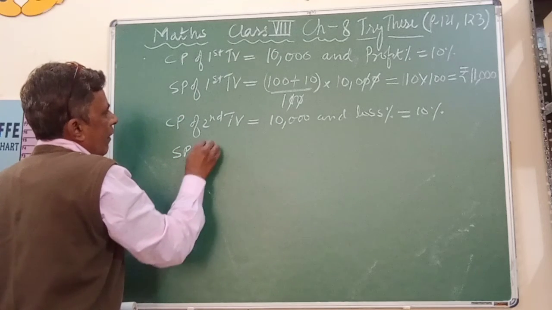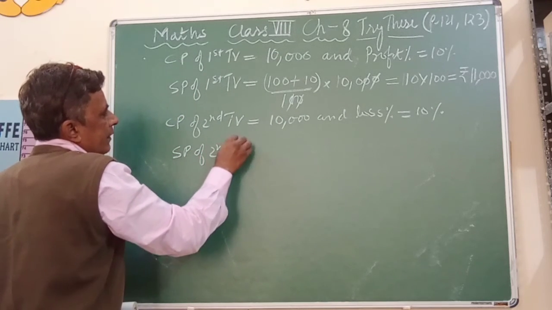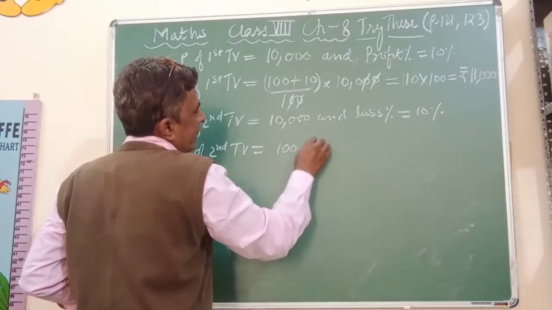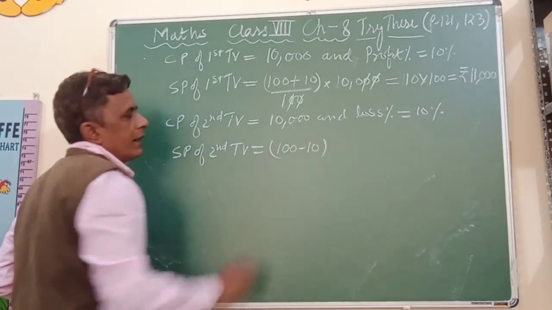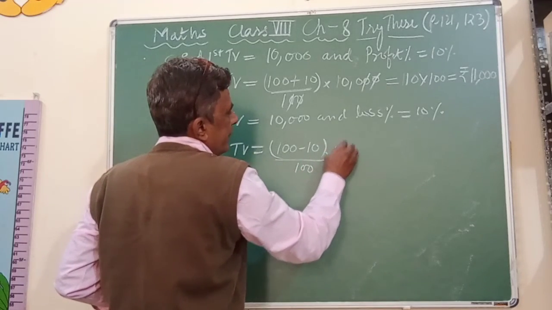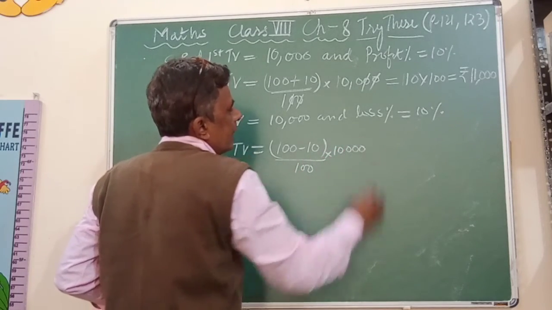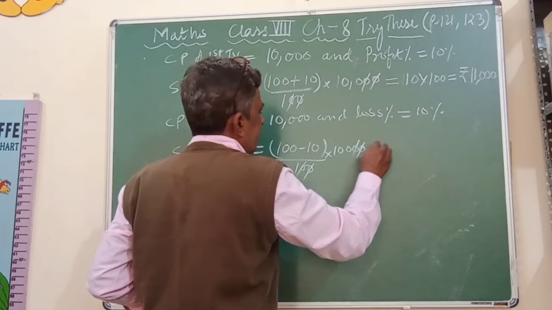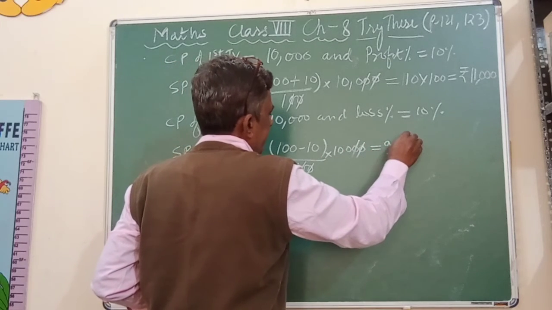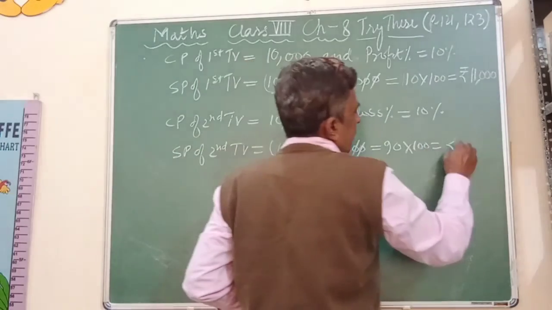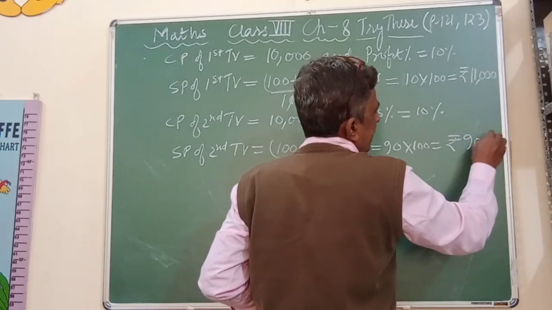SP of the second television set is equal to 100 minus 10, 100 minus percentage of loss upon 100 into CP. CP is 10,000. We will cancel the 2 zeros and get 90 into 100 is equal to rupees 9,000.